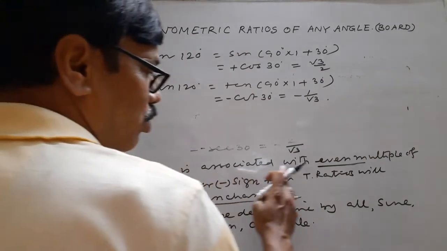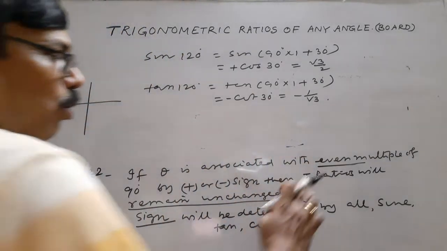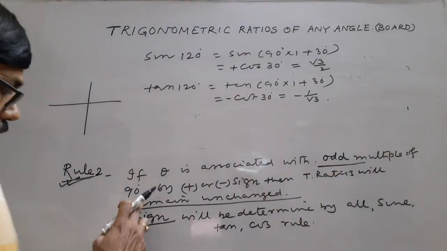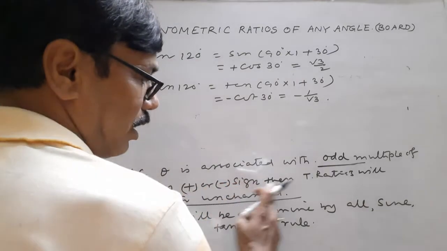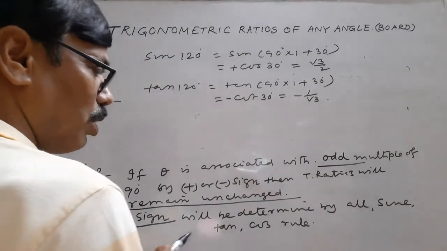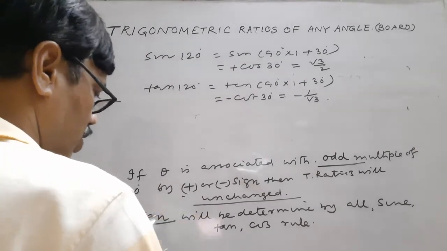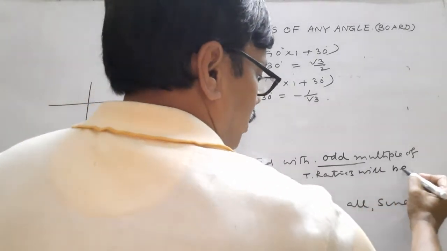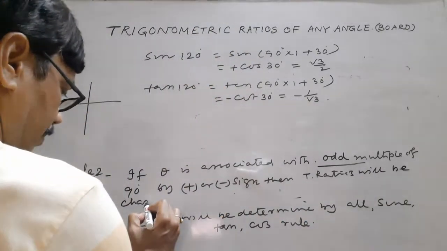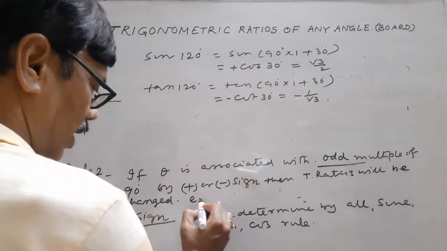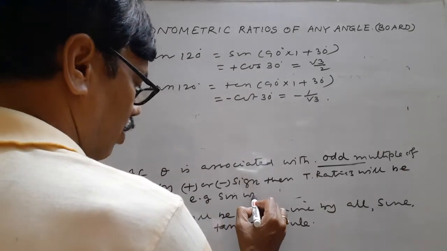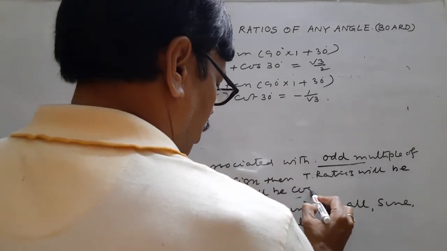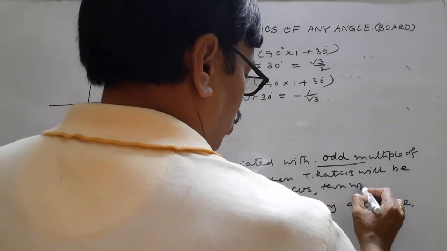If theta is associated with an odd multiple of 90 degree by plus or minus sign, then T ratios will be changed. For example, sine will be cos, tan will be cot.